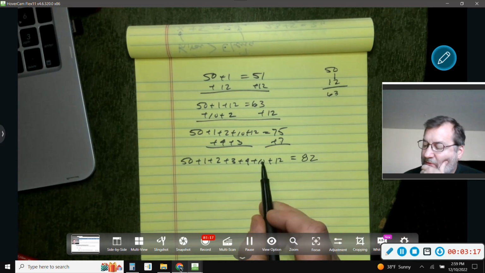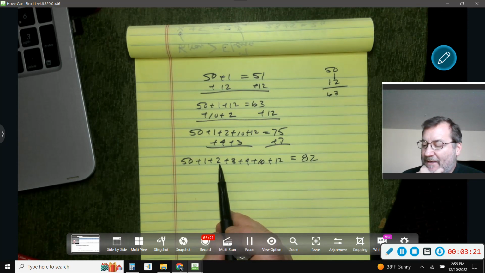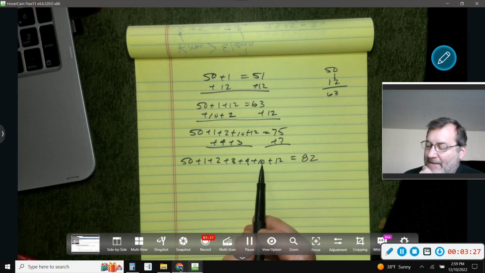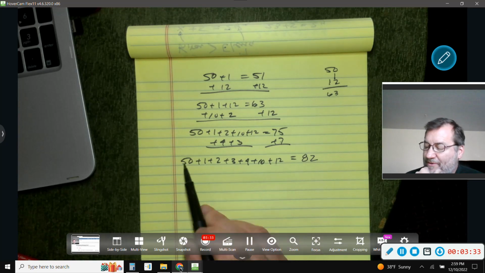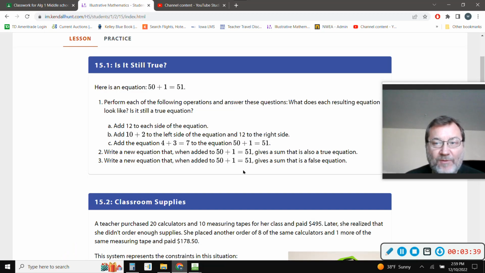So we can go through this and see what's going on. 1 and 2 is 3. 3 and 3 is 6. 6 and 4 is 10. 10 and 10 is 20. 20 and 12 is 32. 32 plus 50 is 82. So as long as we're adding the same thing to each side, no matter how you want to state it, it's always going to maintain that equality.